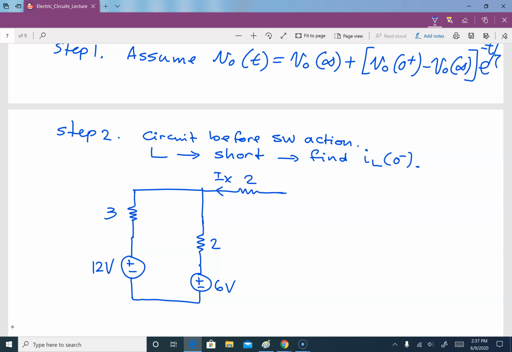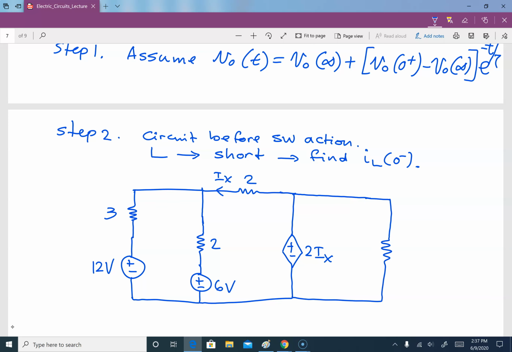This is 2 ohm. This is a dependent voltage source, which is equal to 2Ix. This is where the L, so we shorted it. And this over here is 4 ohm. So what we need to find is the current in the short, which is this, IL of 0 minus.